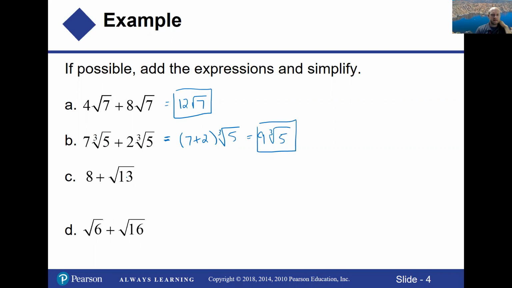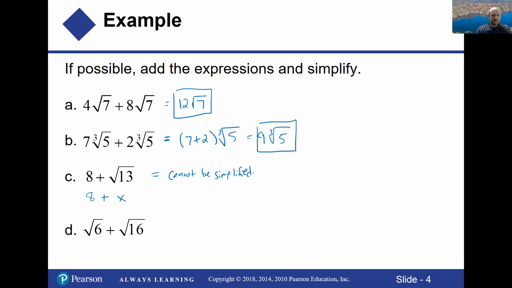Next one, we have 8 plus the square root of 13. Well, remember, we think of this as like 8 plus x, right? Can I do anything with 8 plus x? No, I cannot. So these cannot be simplified.